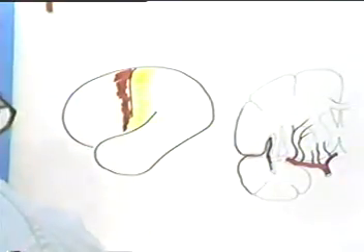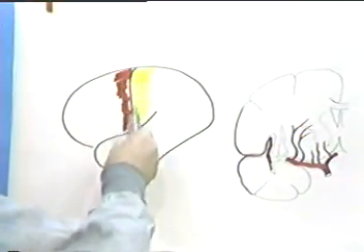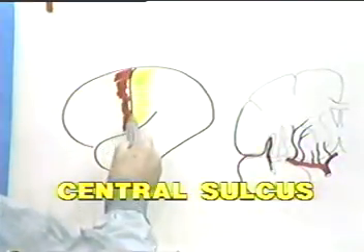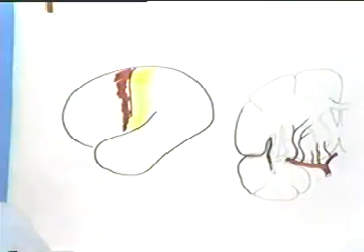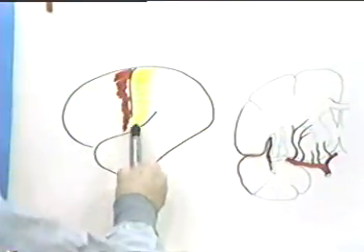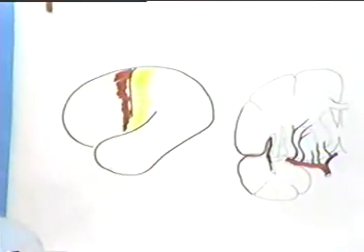Like this, in which the different parts of the body are represented in a strip-like fashion on both sides of the central sulcus in the middle. The motor cortex is important for generation of movements, and the somatosensory cortex for the analysis of sensations.